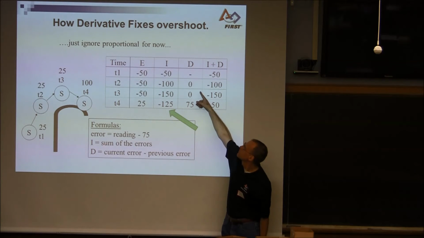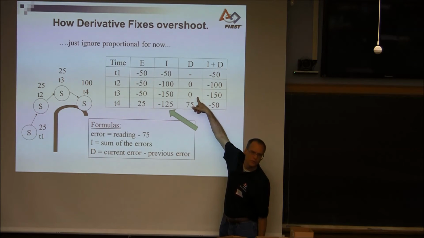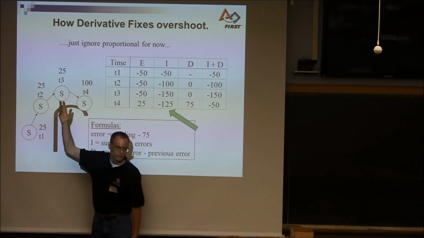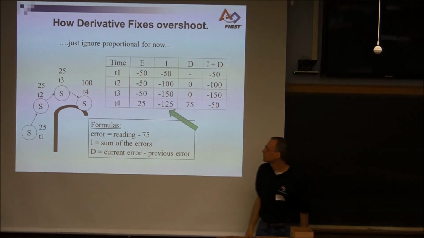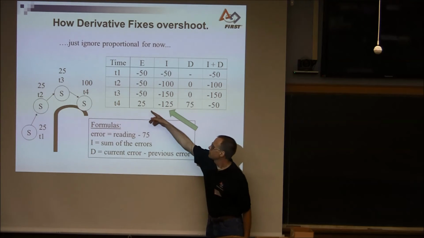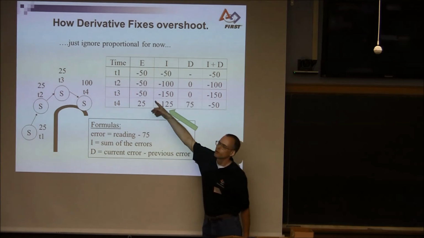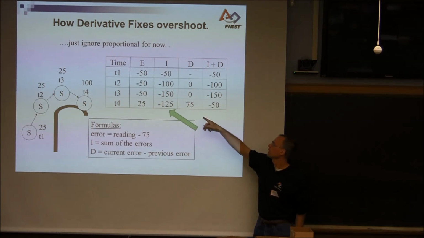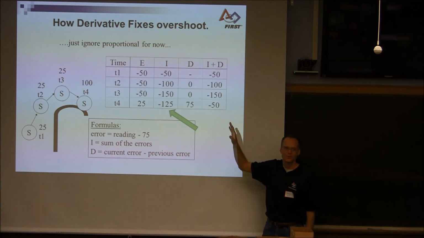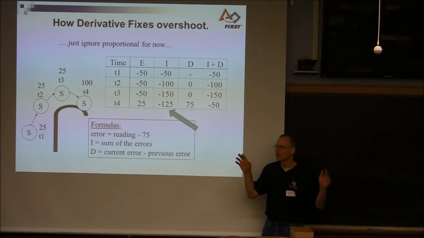But look what happens. The error doesn't change in the first 2 cases, from here to here, and from here to here. My reading didn't change. But current error, 25, minus previous error, minus 50, is a positive 75. And by the way, you don't have to worry about the signs. They always work out just for you. I always think that's kind of magical.